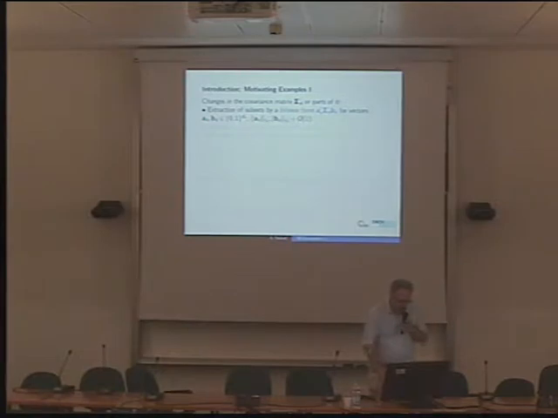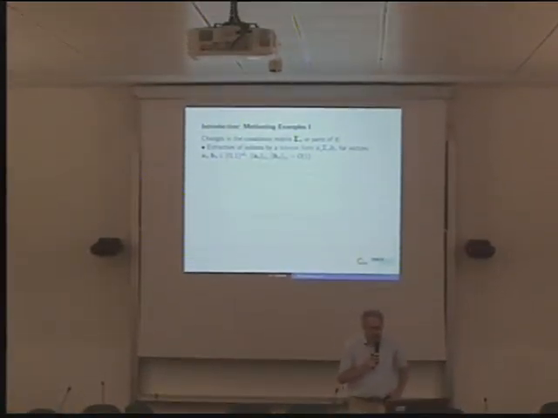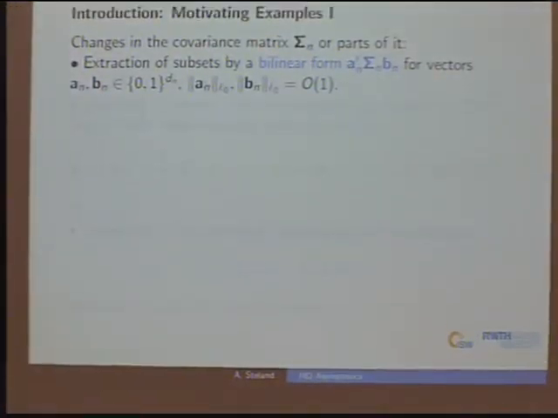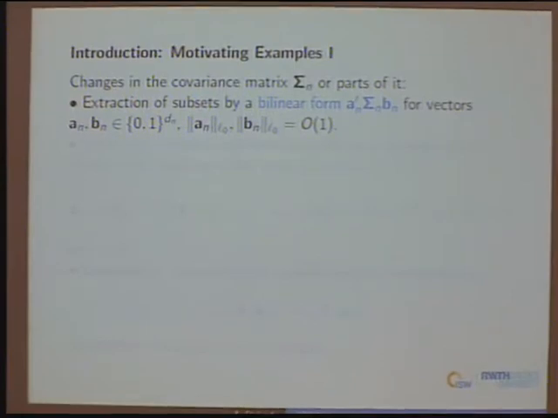Here are perhaps some very first motivating examples. Suppose you want to detect a change in a covariance matrix or part of it. Then you can extract subsets by forming bilinear forms, A prime Sigma B, where the vectors are 0 or 1, and the L0 norm is bounded.